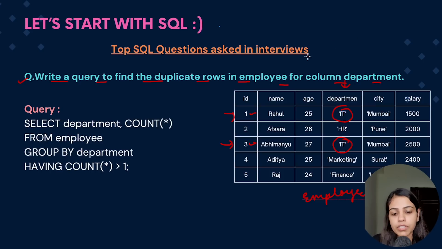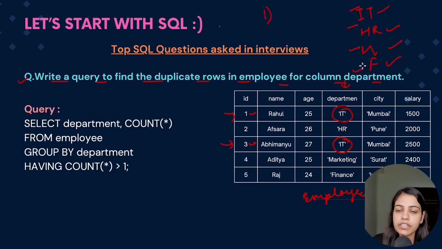Now what we can do here is, first we need to find all the departments according to their group. We need to find if there is any duplicacy in the IT department, in HR, in marketing, and in finance. So we will apply a group by clause on our department column so that it groups the data accordingly.